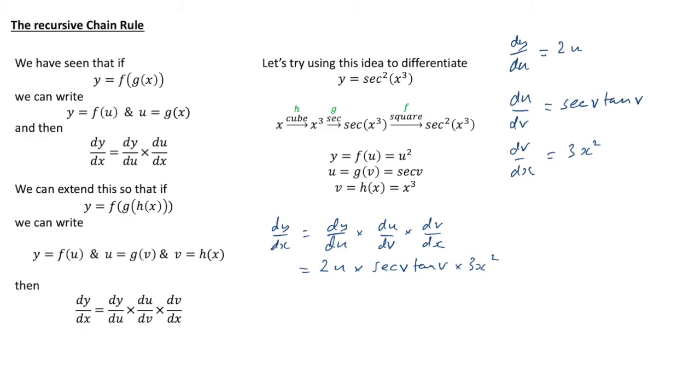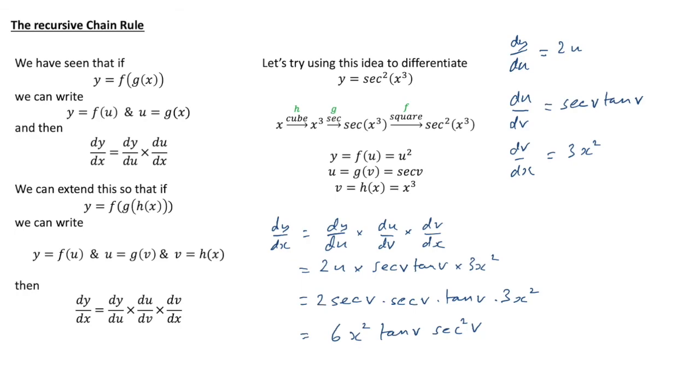Now we then have to gradually replace the u's and v's because we want everything to be x, and so we can replace u by sec v, so that gives us 2 sec v times tan v times 3x squared. I think at this point it's worth tidying up, so the 2 at the beginning times the 3 towards the end gives us 6, and we've got our x squared, and then we put tan v, and then of course we've got sec squared v.